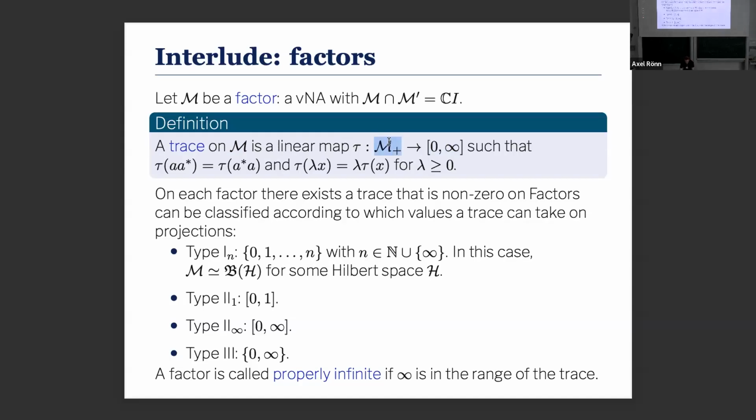This is on positive elements, so it's not a linear space, but you can multiply with non-negative numbers. Right, so what I want is this property: A star A is always a positive operator, and I want the trace to be invariant. And the other one is to multiply with a positive number.